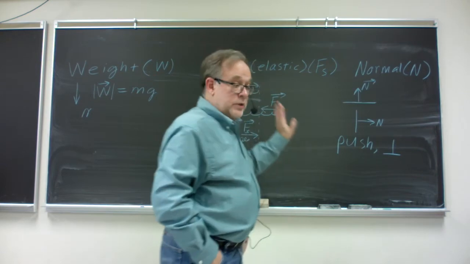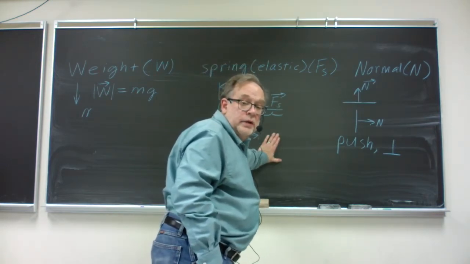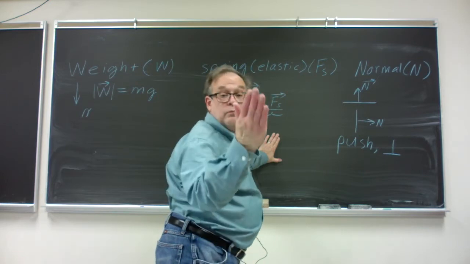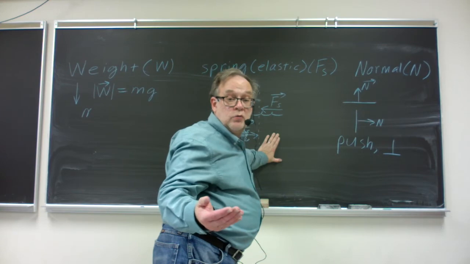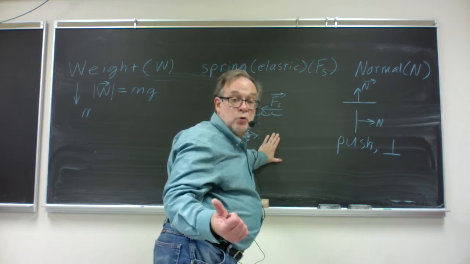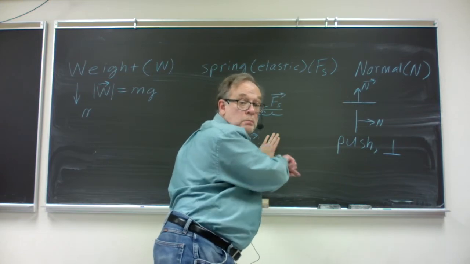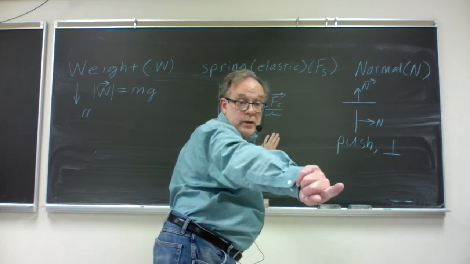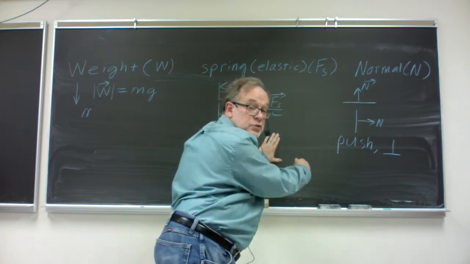And another example, I'm leaning on the blackboard here, but I'm not falling over. And the reason I'm not falling over is because there's a push from the surface of the blackboard on me, pushing this way, and that push prevents me from falling over this way.